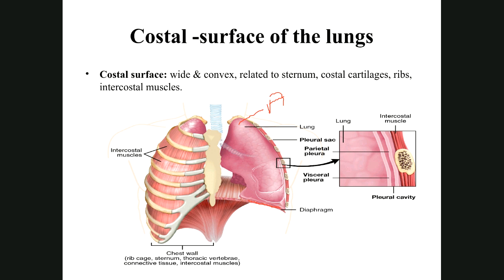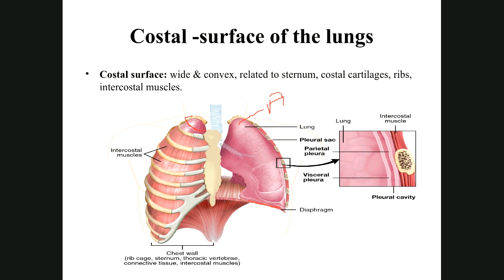Where does it rest? It is sitting on the diaphragm. The apex is a blunt structure and lies above the level of the anterior end of the first rib. This is the first rib here. Now this is clear here.